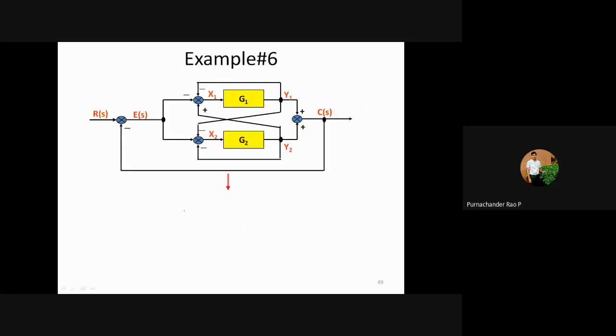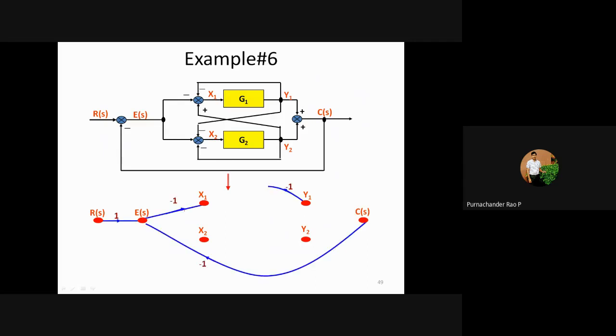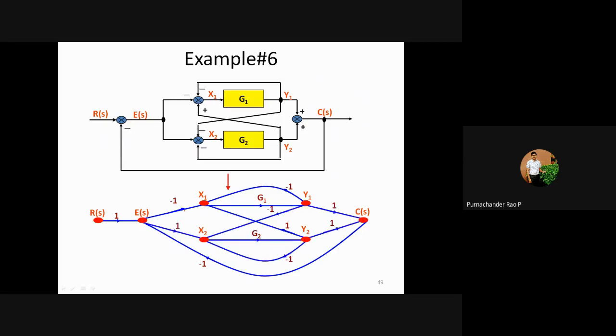Here also there is another problem. R of S, E of S, then X1, X2, Y1, Y2, all the values are given there. Then you can directly connect it, and you'll get the signal flow graph like this.